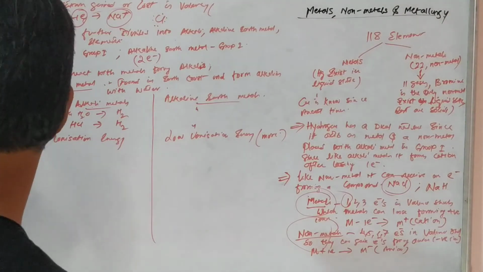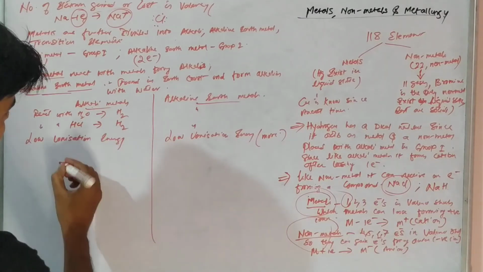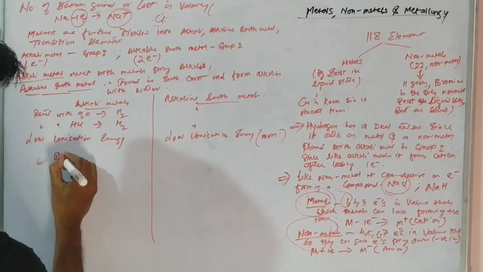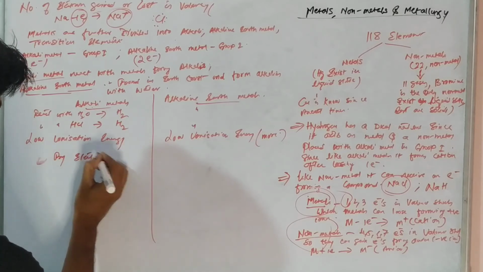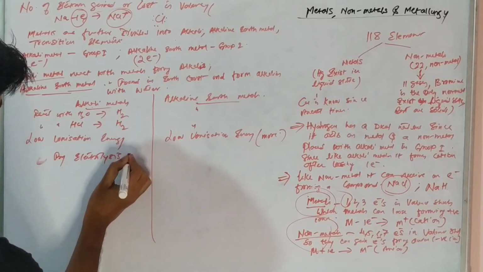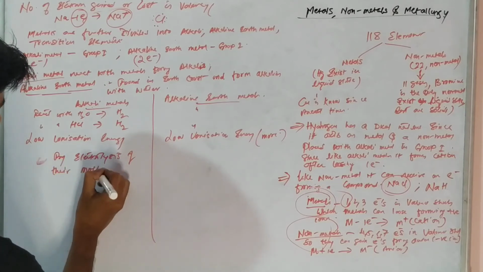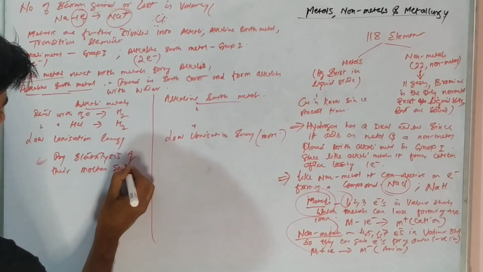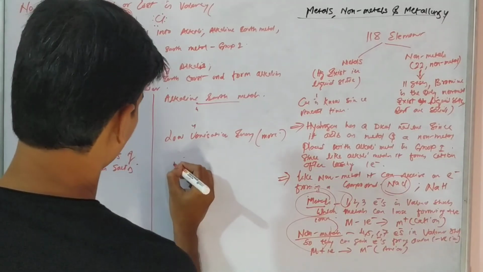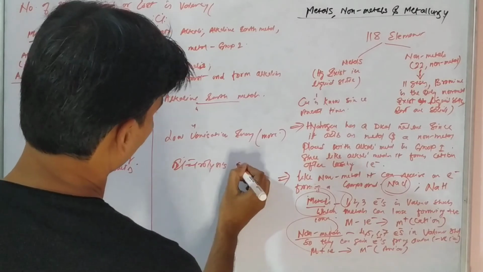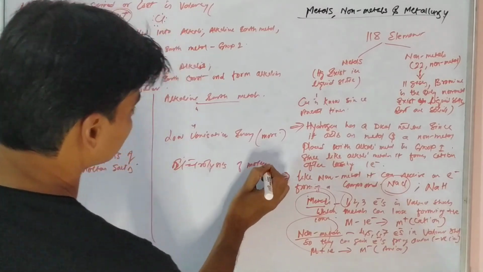And one important thing: both these are obtained by electrolysis of their molten salts. This is also obtained by electrolysis of molten salt. Why electrolysis of molten salt?